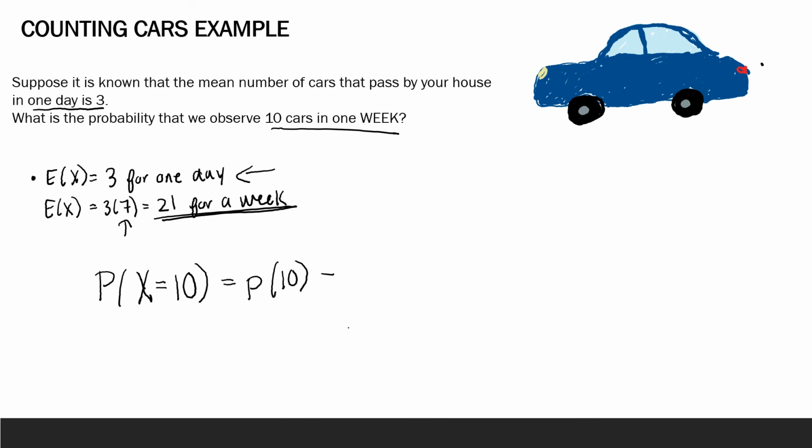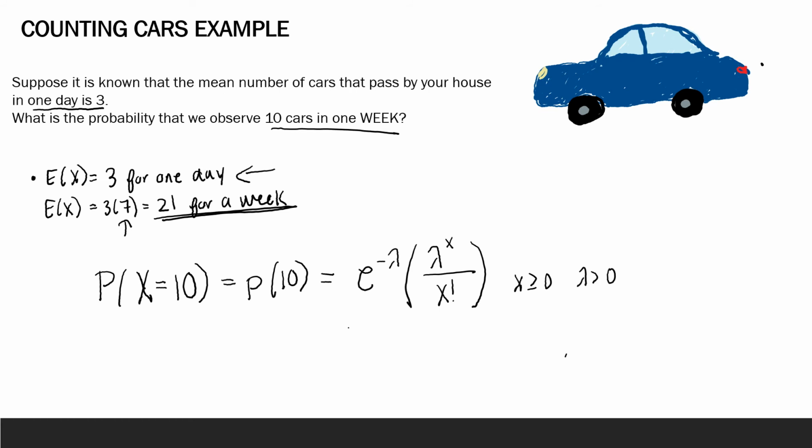And this, using the probability function on the previous page, is just e to the negative lambda times lambda to the x all over x factorial, for x greater than or equal to 0 and lambda greater than 0.